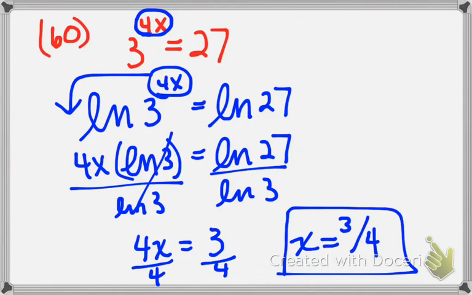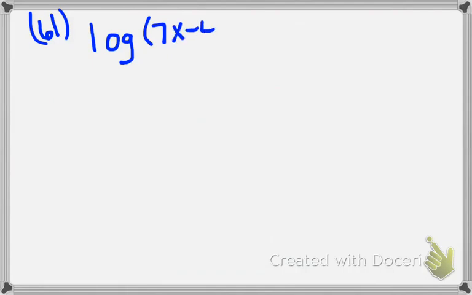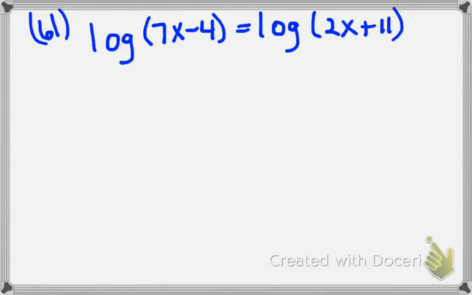Number 60. Oh, no, 61. Sorry. Number 61 is our last logarithm equation to solve. We have log of 7x minus 4 equals log of 2x plus 11. And this is a problem where we're looking at it and we're trying to see what are our options.